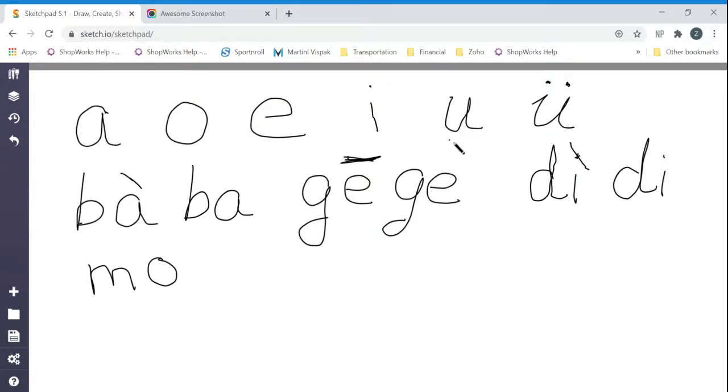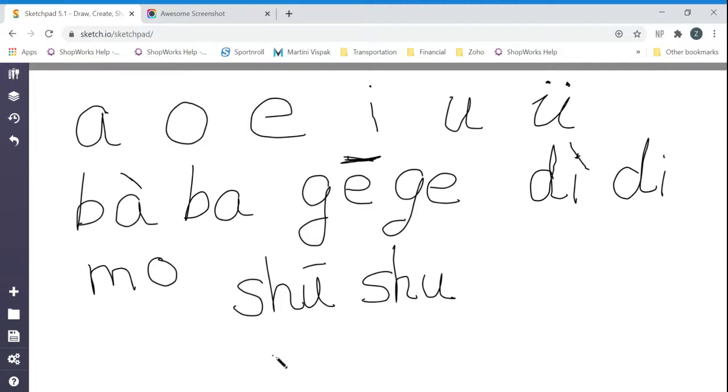Okay, and then we have this u. Let's maybe use another initial to make a word. So this, remember, this is a two-letter initial pronounced as sh.